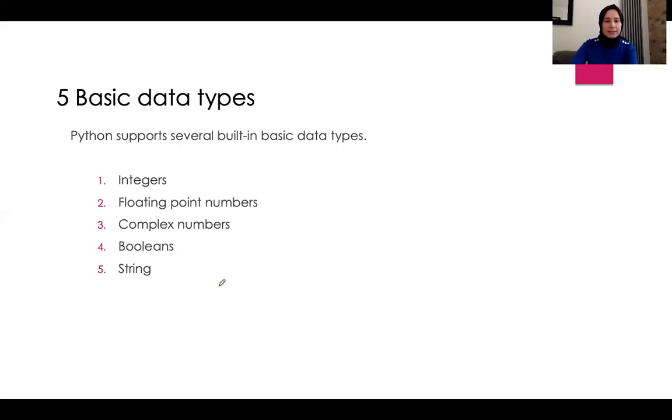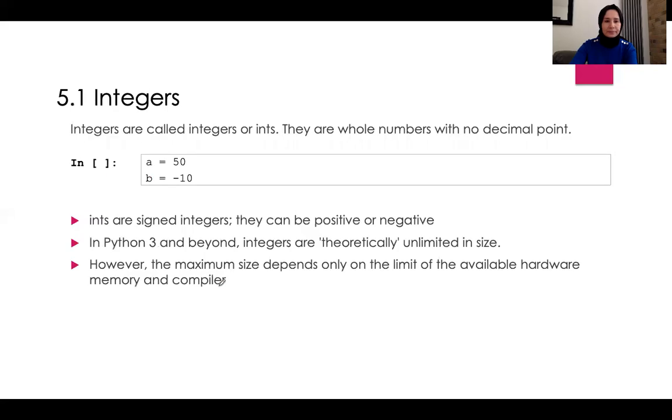Let's look at basic data types in Python. Python supports several built-in basic data types. And in this video, we will be looking at integers, floating point numbers, complex numbers, Booleans, and strings. Let's start with integers. We call them integers or ints. Basically, they are whole numbers with no decimal point. And integers are signed integers.